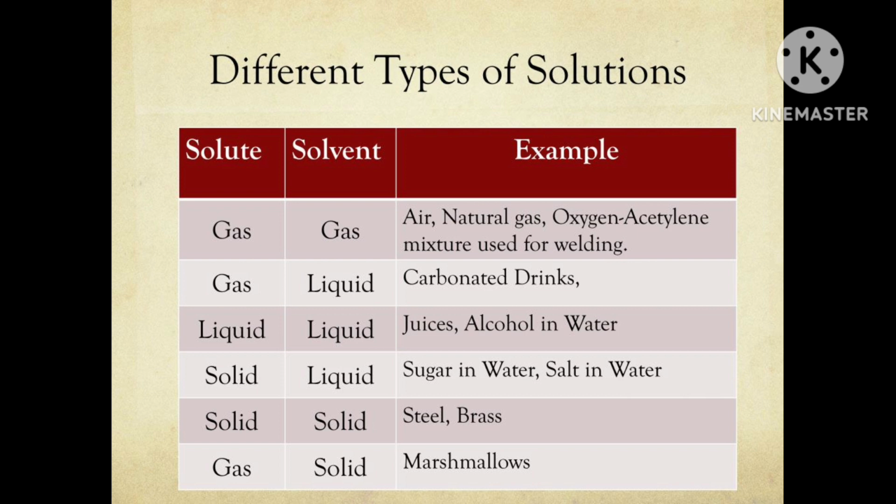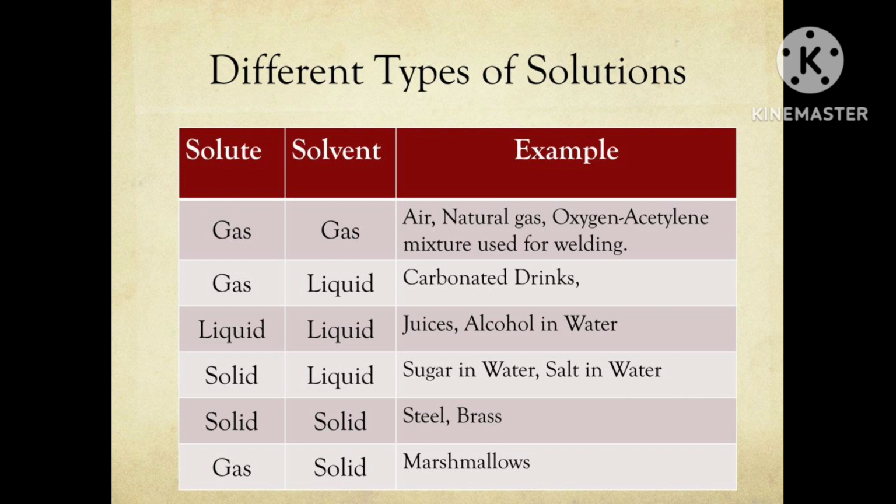Suppose gas plus gas, for example a mixture of oxygen and nitrogen gas. A mixture of nitrogen and oxygen gas is an example of a gaseous mixture.